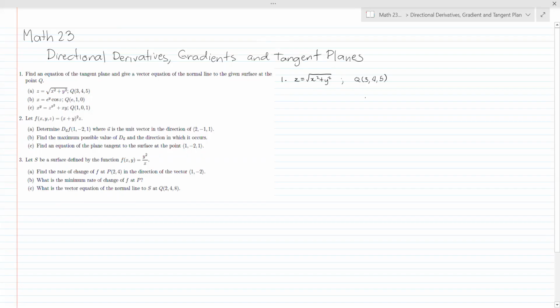Okay, so to find the equation of the tangent plane or even the vector equation for the normal line, what we need is the gradient for the surface.